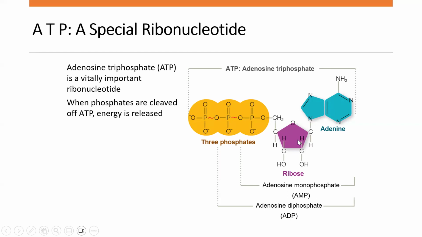And then we have our three phosphate groups. So that's what makes it triphosphate. These phosphate groups hold energy within them. So if you cleave off one of these phosphates, you're going to go to adenosine diphosphate. If you cleave off two, you'll go to adenosine monophosphate. So when you cleave off one or two of these, you end up releasing energy, and that's how ATP powers the cell.